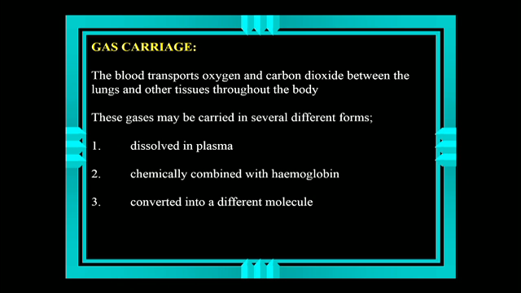What we're going to do this afternoon is talk about gas carriage. Obviously the two gases with which we're particularly interested are oxygen and carbon dioxide. So we're trying to work sequentially through the whole process of respiration. Very quickly, as you know, we've spoken about the mechanics of breathing.